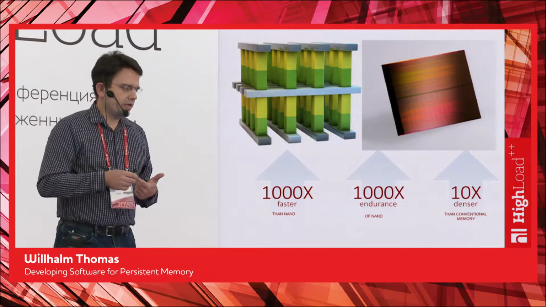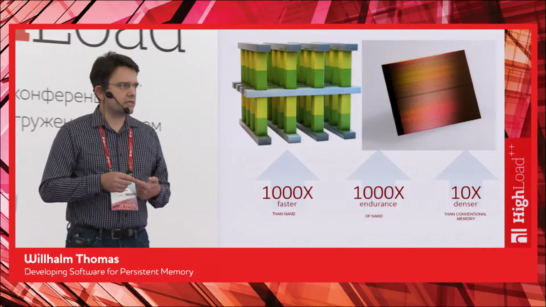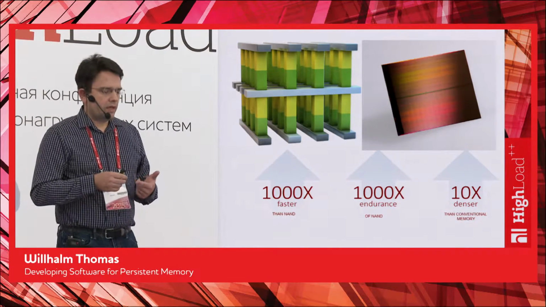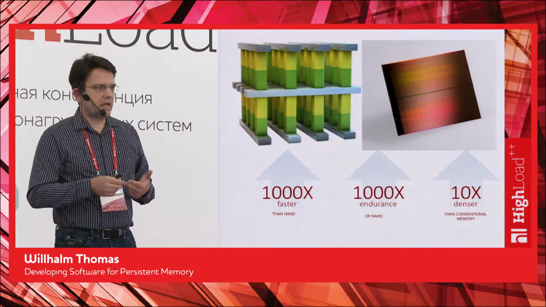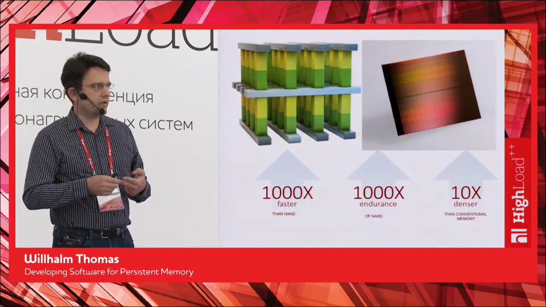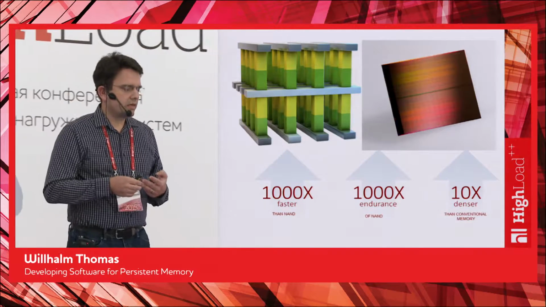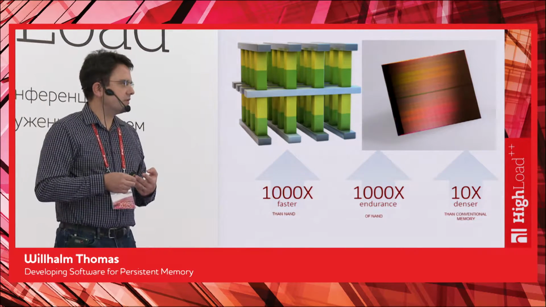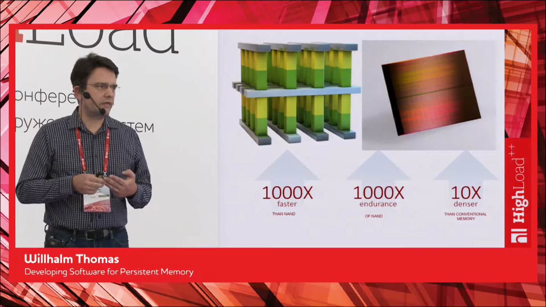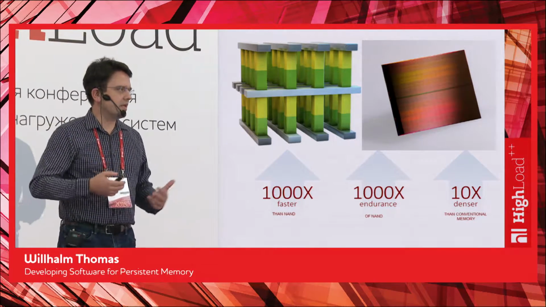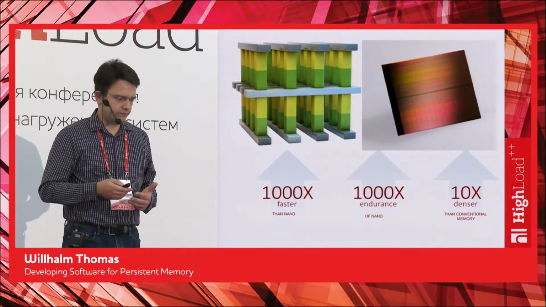So first of all, it's much faster than flash is today. The endurance is higher than what you have on flash, and it also scales better than the memory technologies that we have. So we will be able to have more memory on the same type of device that we have.